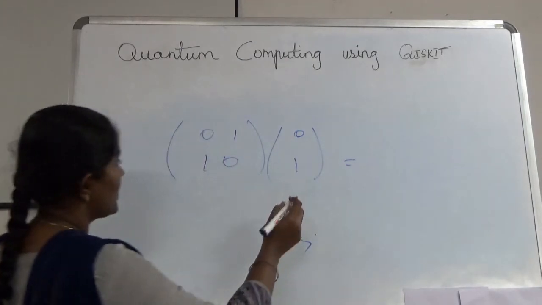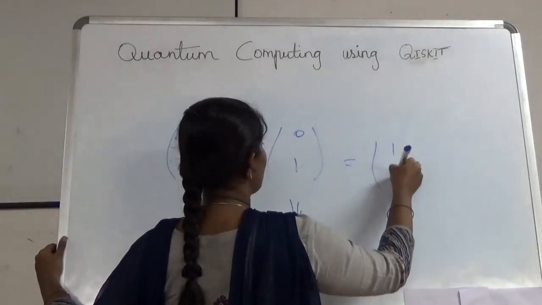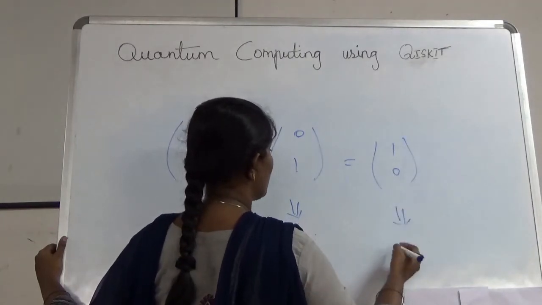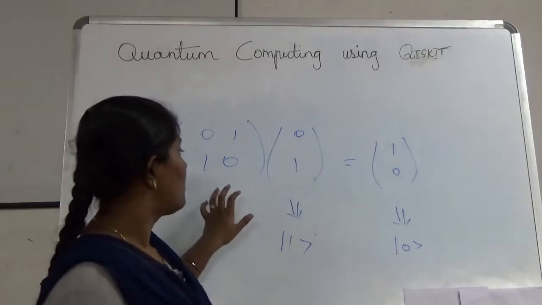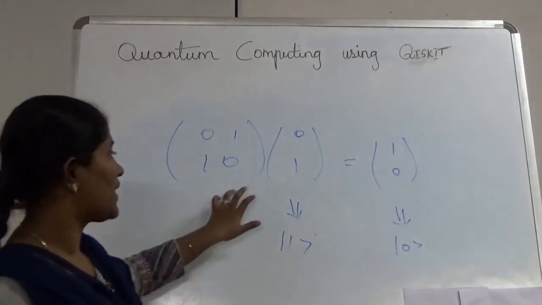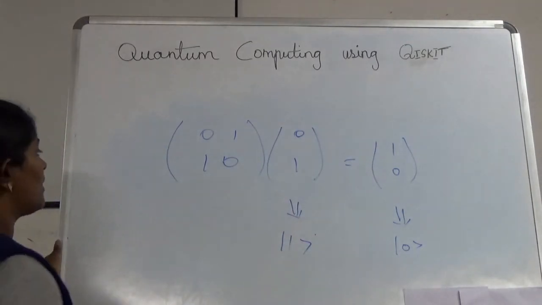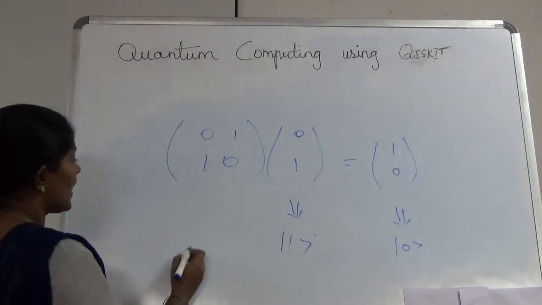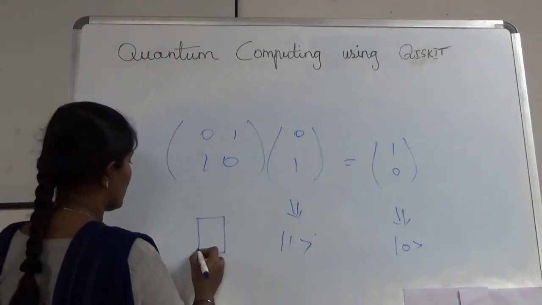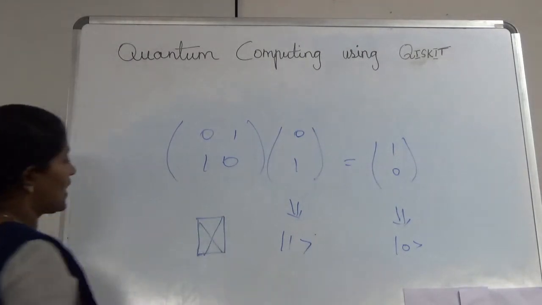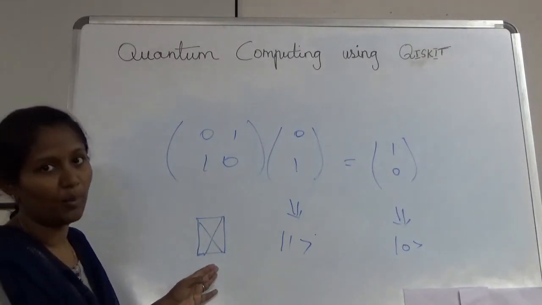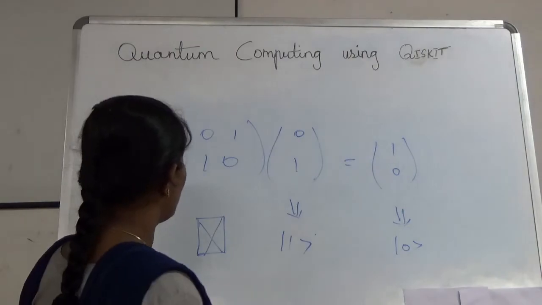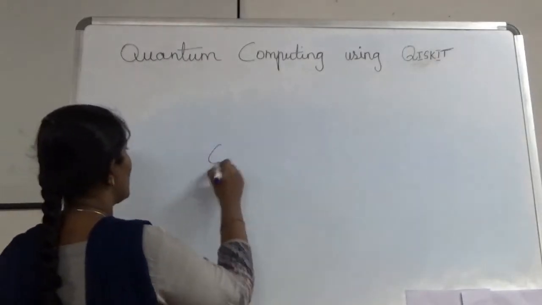If we multiply this matrix to this, we will get 0 as the result. So this matrix will flip the qubits. The gate used for this is the negation gate, which is nothing but a NOT gate in a classical computer. This is like a NOT gate in quantum computing also.